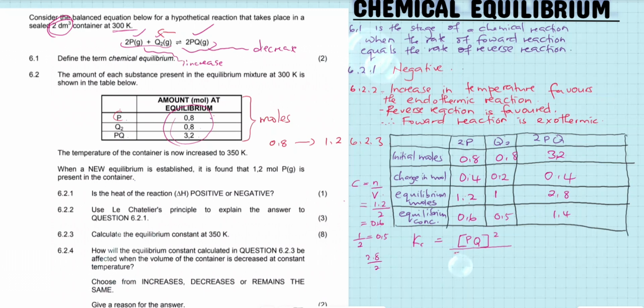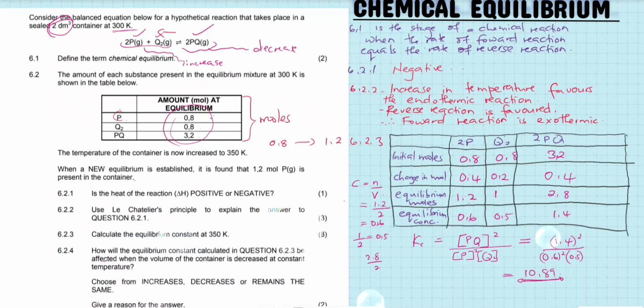Then our reactants, P and Q2. P has a mole ratio of 2, so we square this side. Now we substitute the values of the concentrations. Concentration of PQ is 1,4 squared over concentration of P, 0,6 squared, then concentration of Q2, 0,5. This gives us our final answer, 10,89.